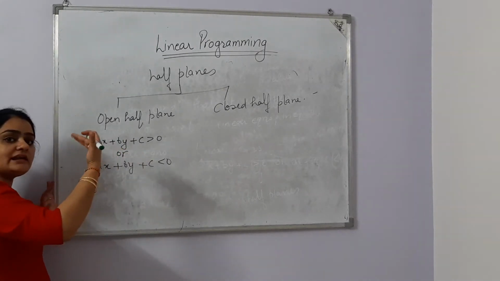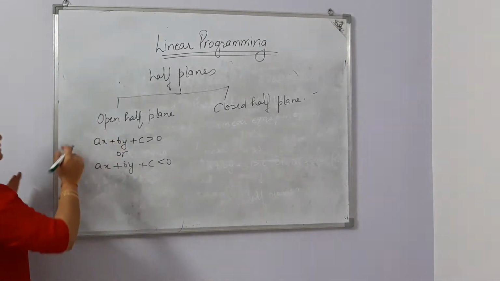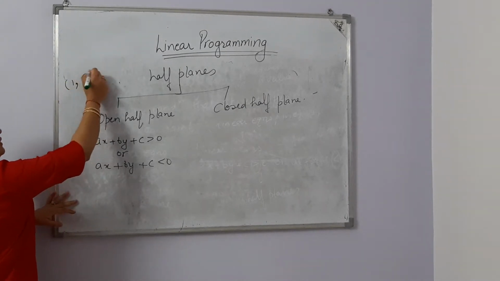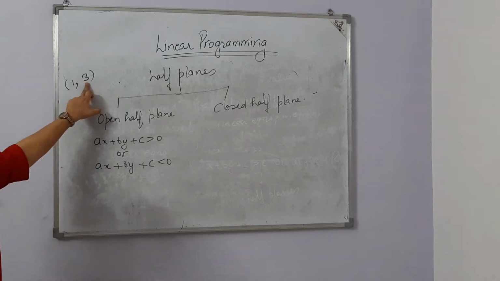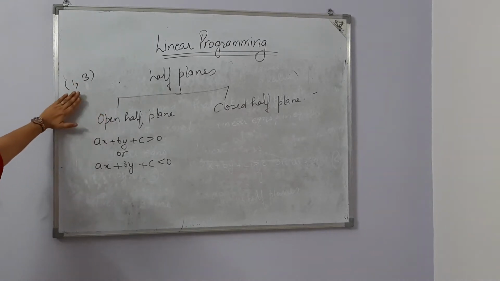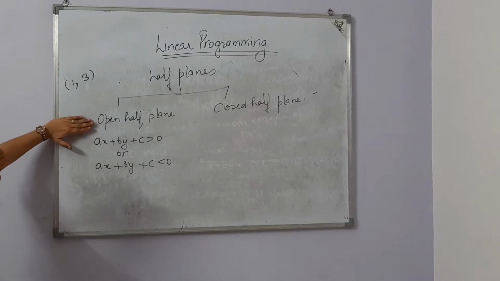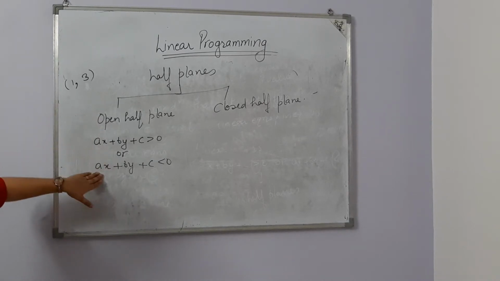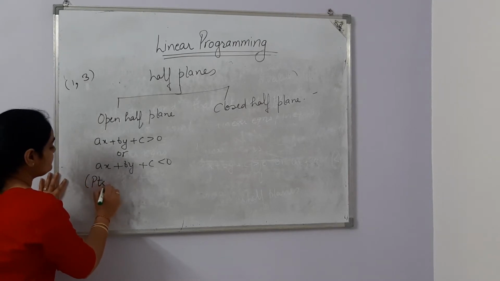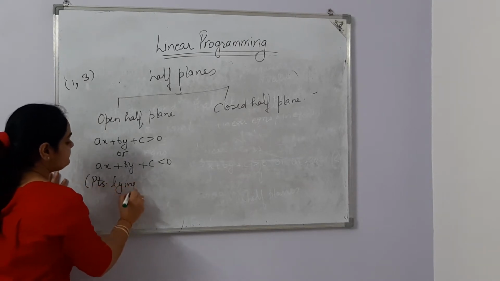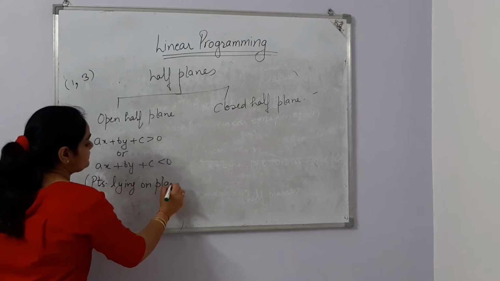Just like an open bracket says that 1 and 3 are not included, but the points lying between 1 and 3 are included. So this is called an open interval. Same in the case of an open half plane: the points lie on the plane only.